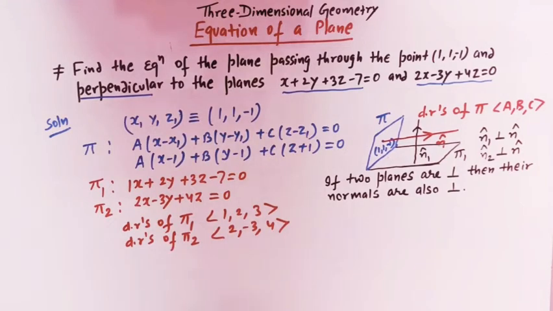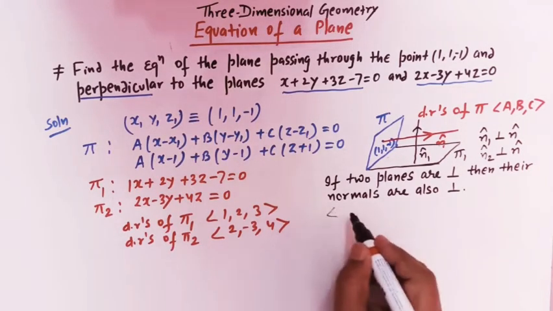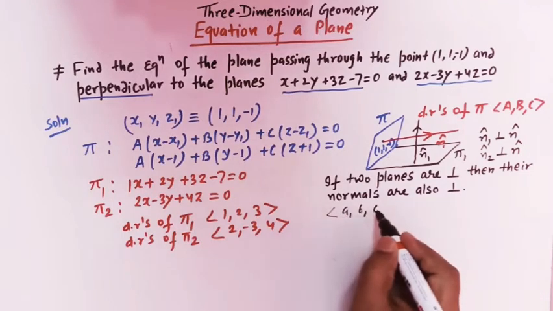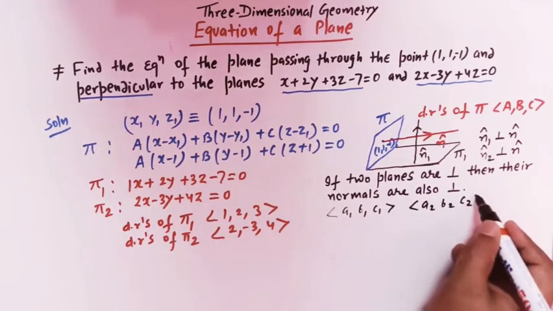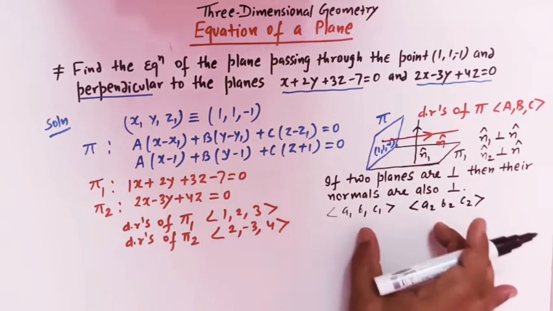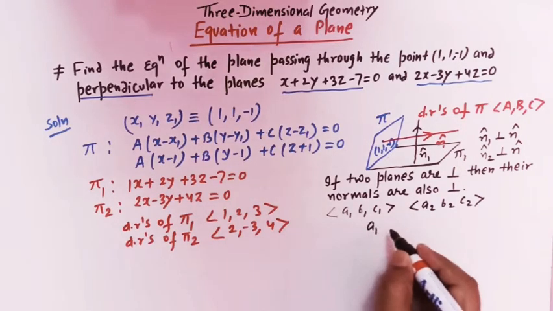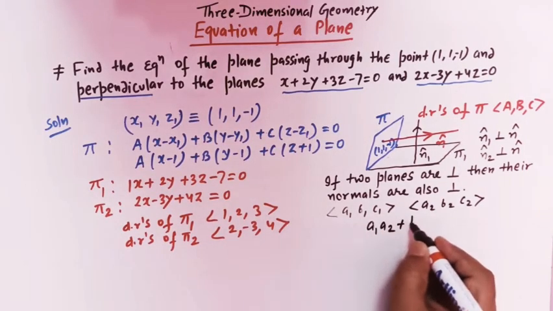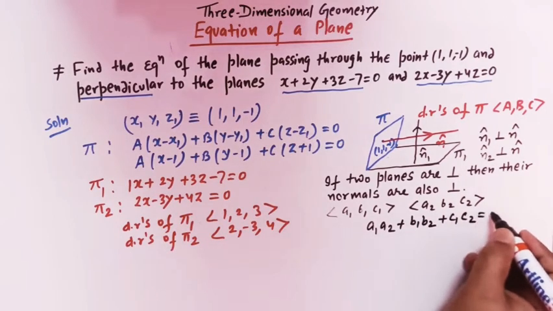And we know that if the DRs of two vectors are, say, a1, b1, c1 and a2, b2, c2, and these two vectors are perpendicular, then the condition for perpendicularity is given by a1a2 + b1b2 + c1c2 = 0.